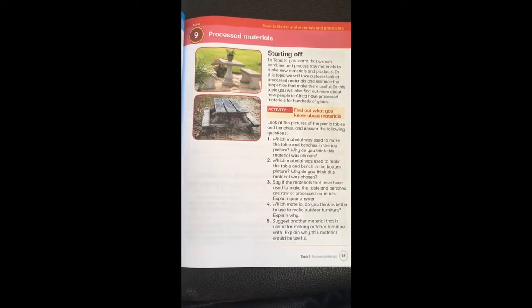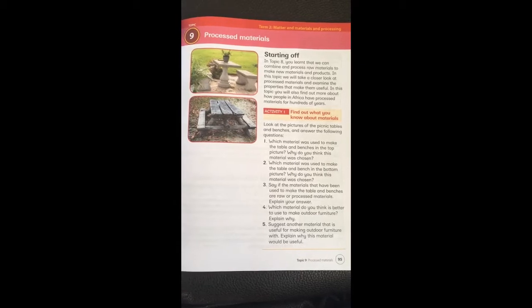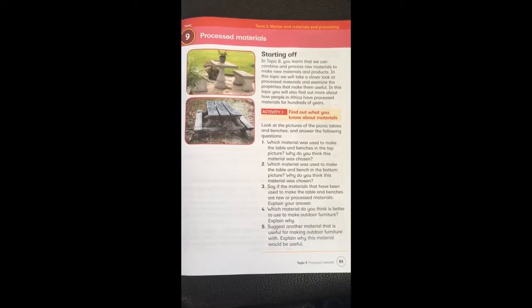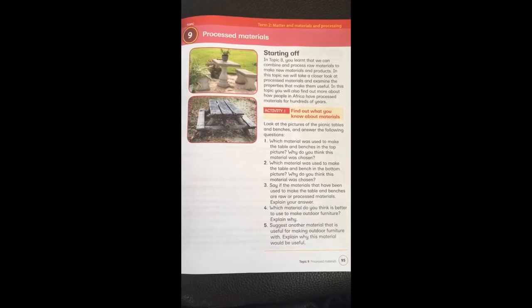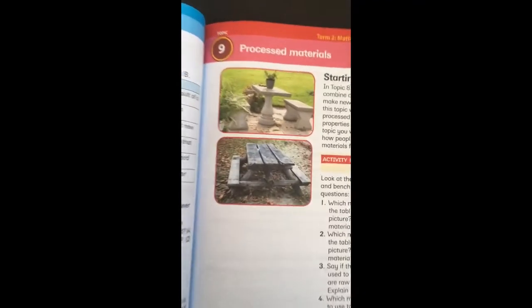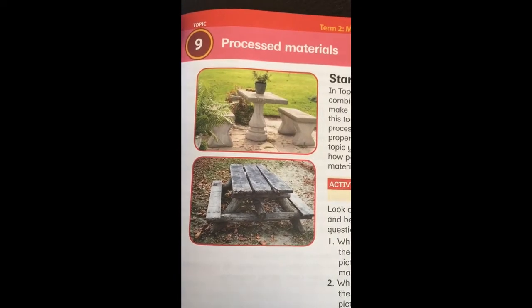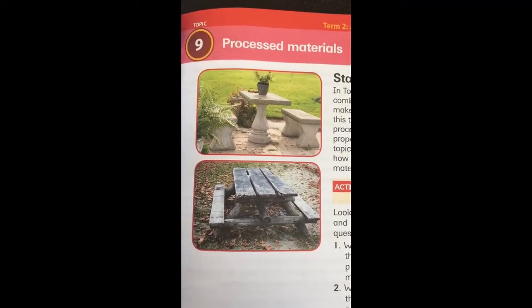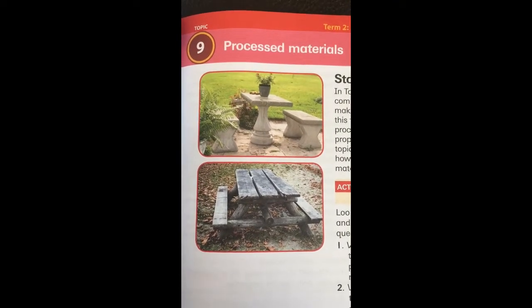So let's quickly recap. First of all, you need to remember that the type of material that people choose to make something depends on the properties. So if we look at these two tables, for example, people will choose either the concrete or the wood depending on what they need.